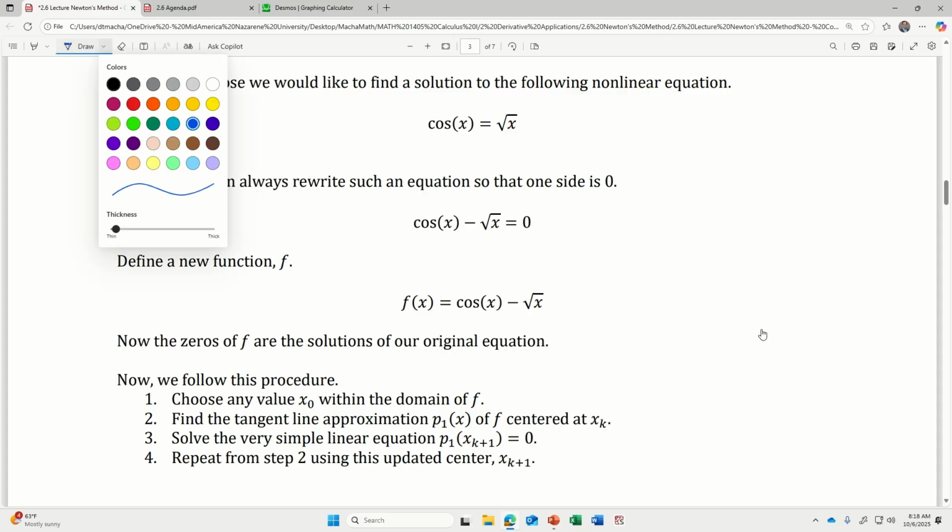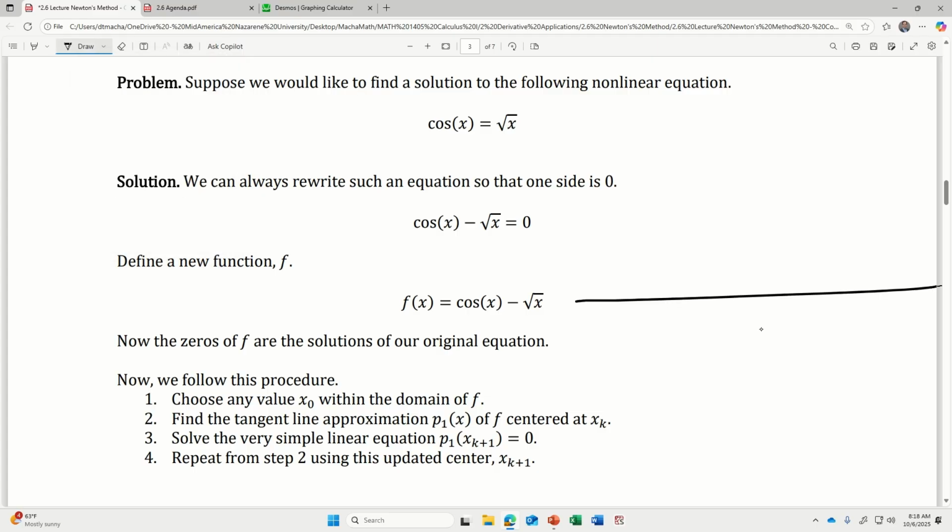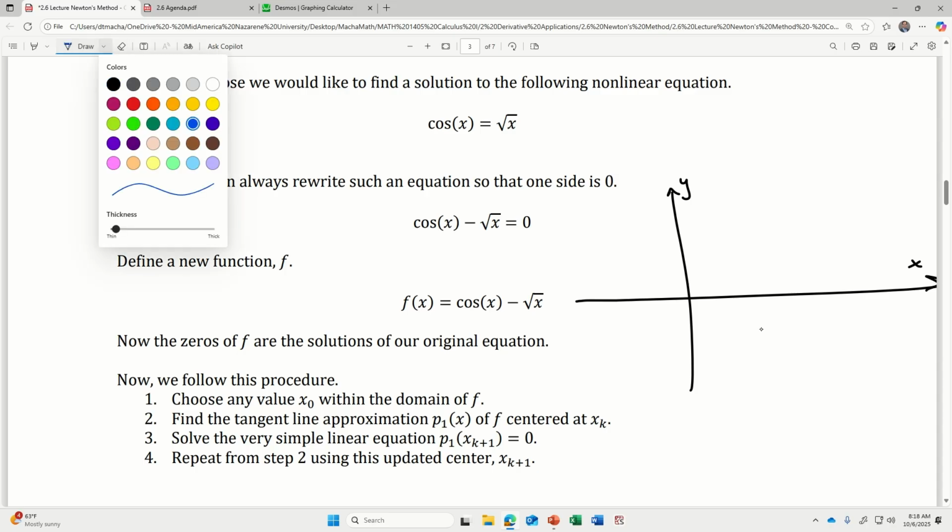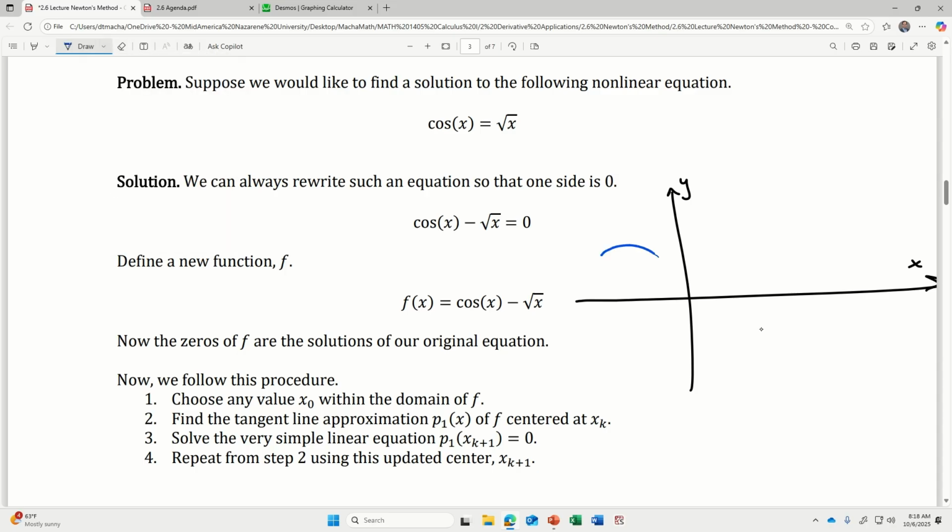Now, if I can find the zeros of this function, that would be the solutions to the original equation. So here's my x-axis, here's my y-axis that has values of my function. If I can find a place where I have a zero of this function, then that value of x would be the solution to my equation.